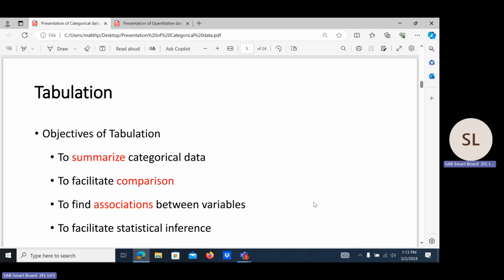This is the advantage of using the tabular format. Now you know what a table is. A table means systematic presentation of numerical data in columns and rows. These are the objectives of why we need tabulation. Understood? Clear? Okay.